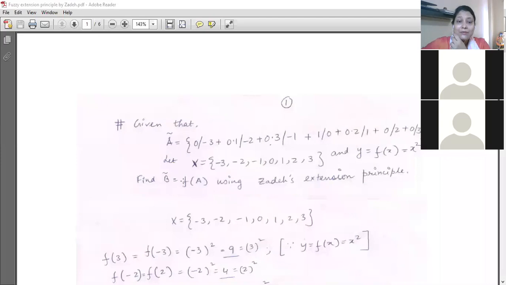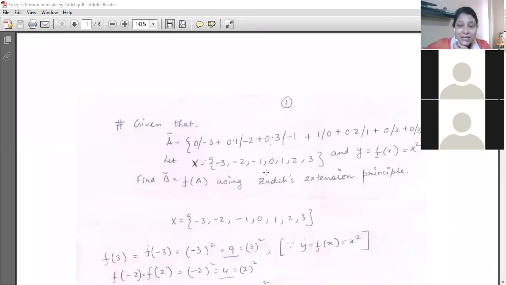The linguistic variable here is small x, and this small x creates a fuzzy set which is denoted by capital X. Obviously this linguistic variable small x has 7 values: x equal to x1, x equal to x2, x equal to x3, x equal to x4, x equal to x5, x equal to x6, and x equal to x7.